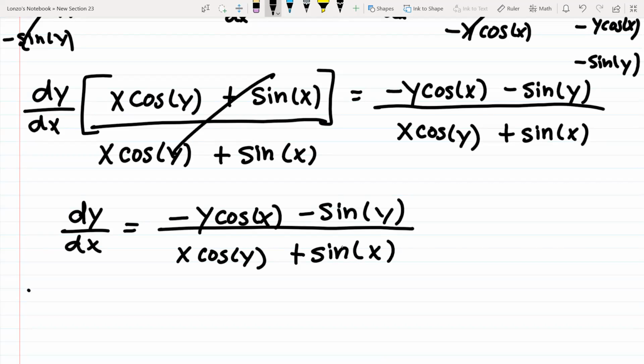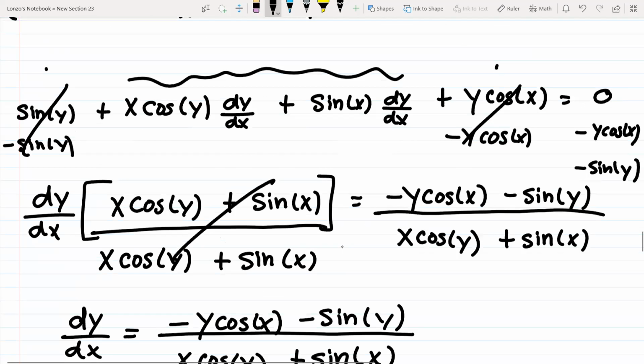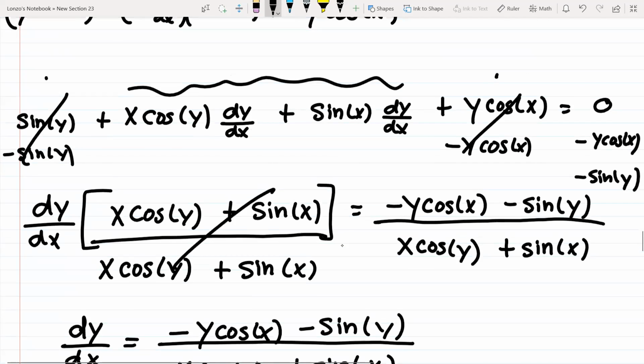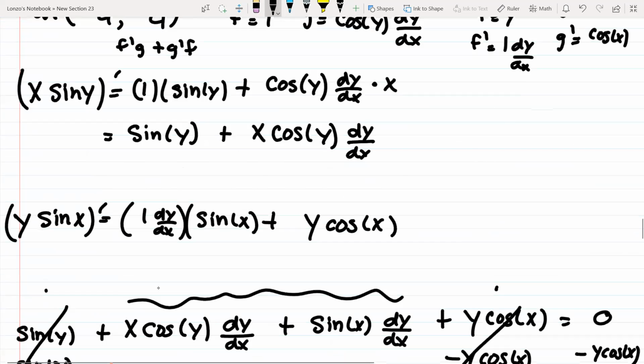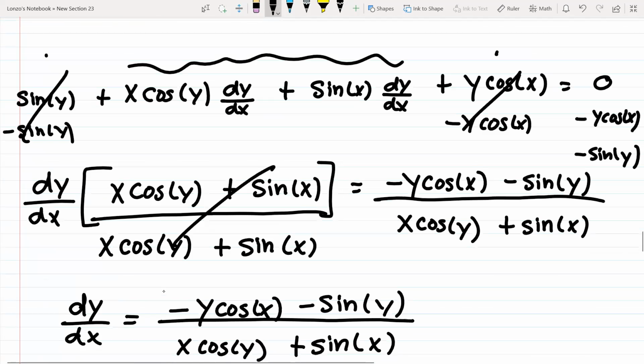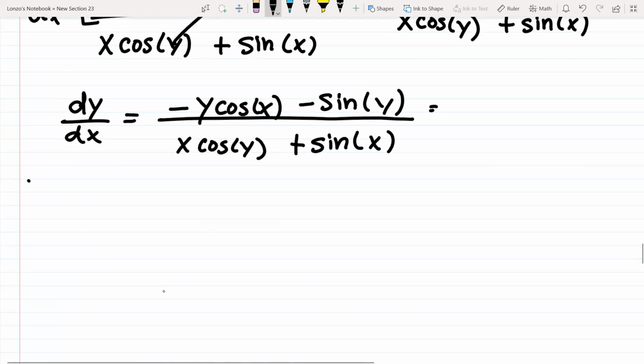Now, before I plug in our point pi over 4 and pi over 4, what could you do on the numerator? You could factor out a minus.